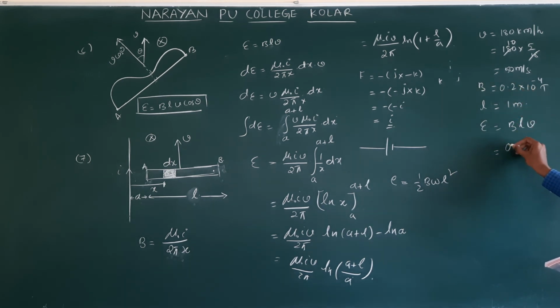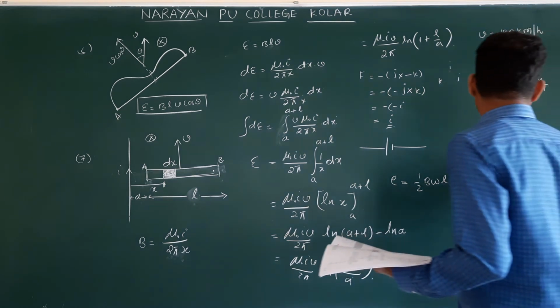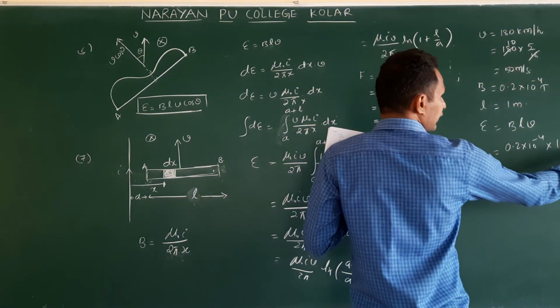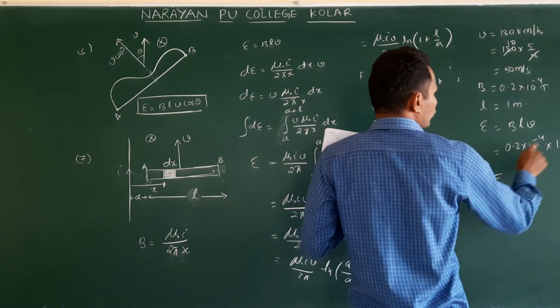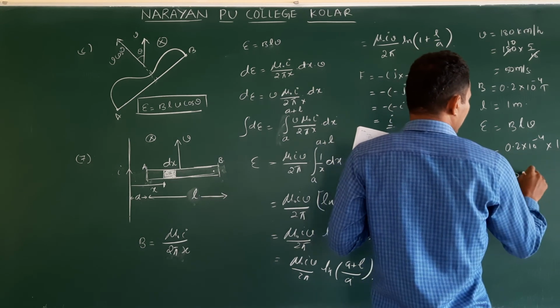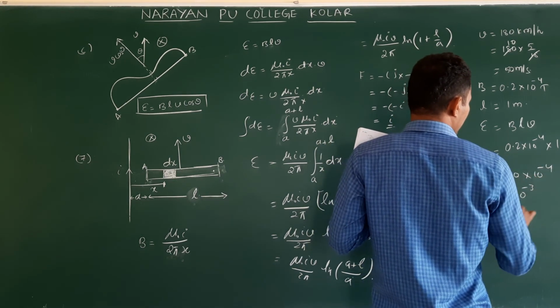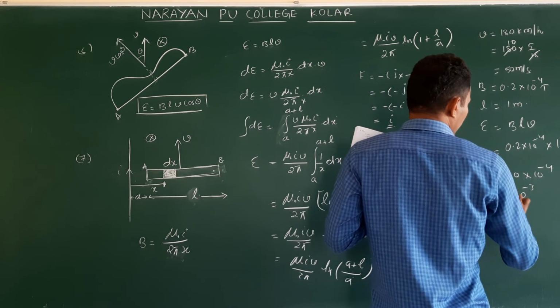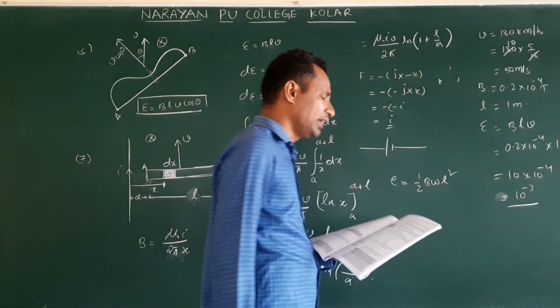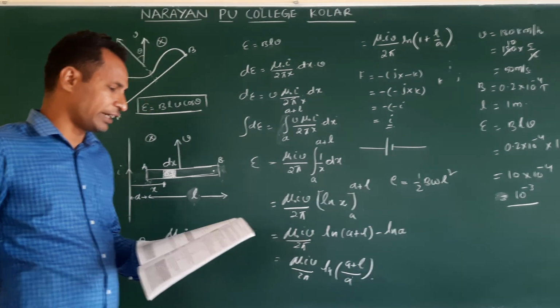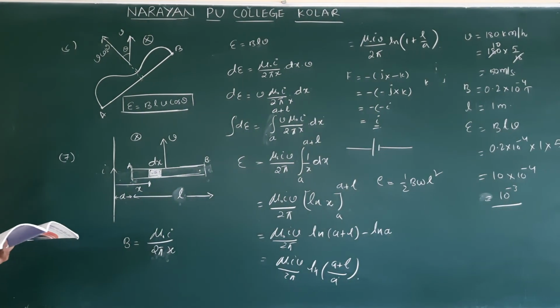B is 0.2 × 10⁻⁴, L is 1, v is 50. 2 × 5 is 10, so 10 × 10⁻⁴ gives 10⁻³ volt, which is 1 millivolt. So 1 mV is the answer.